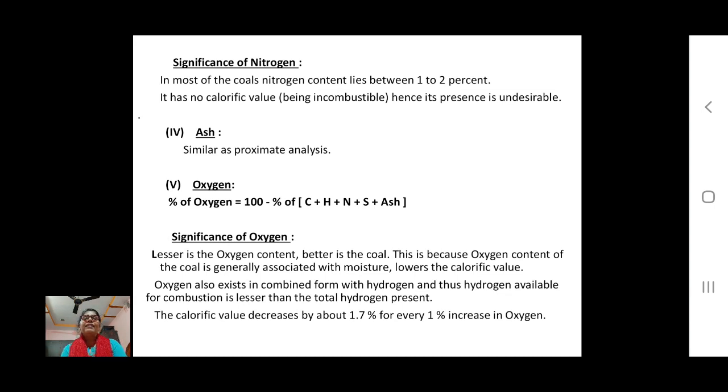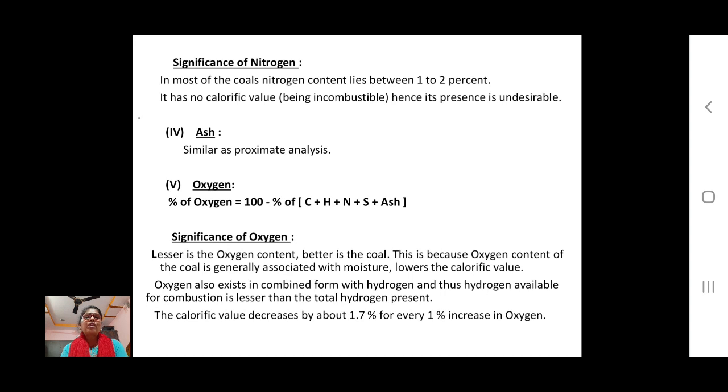Now, the next content is ash. So, we have seen in the previous lecture, that is approximate analysis of coal. In a similar manner, the residue left after the complete combustion of coal, that is weighed, and we are able to find out from there.